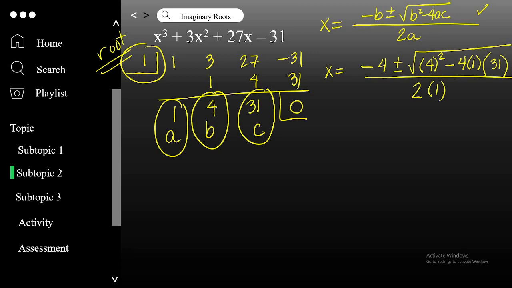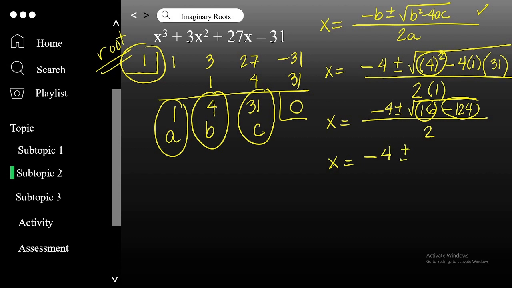So let's solve this now. Simplifying, you will have x is equal to negative 4 plus minus the square root of 4 squared, that's 16, minus 4 times 1 times 31, which gives 124. Combining these two, that's negative 108, all over 2.